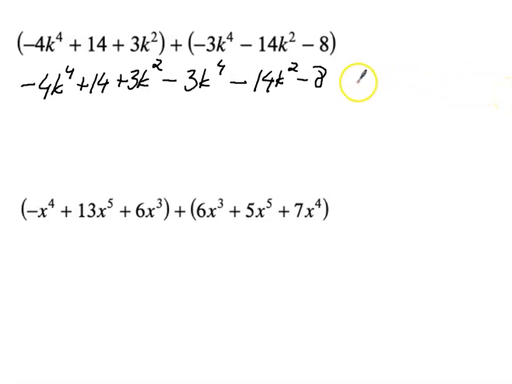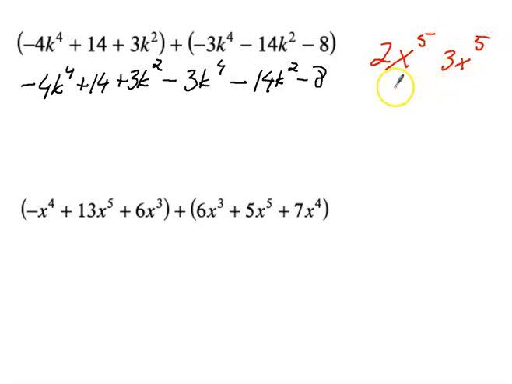Now, once you did that, you want to go from left to right and see what we can combine. Keep in mind that like terms are terms that have the same variable and exponent. For example, if you have x to the fifth power and another 2x to the fifth power, and let's say you have a 3x to the fifth power, those are like terms.